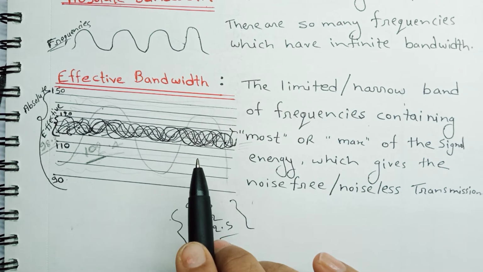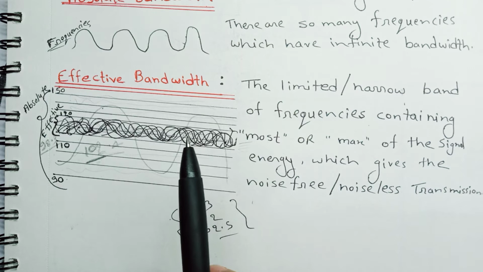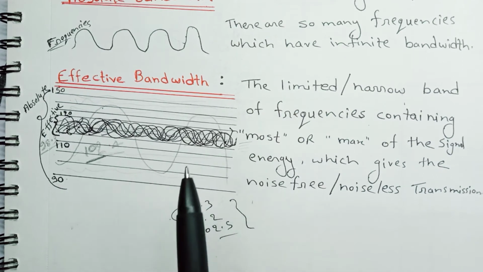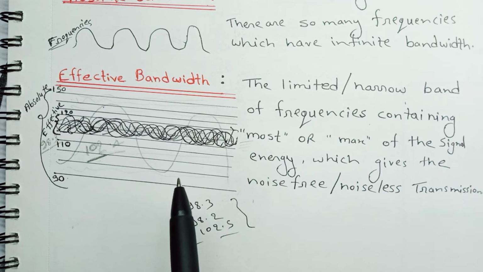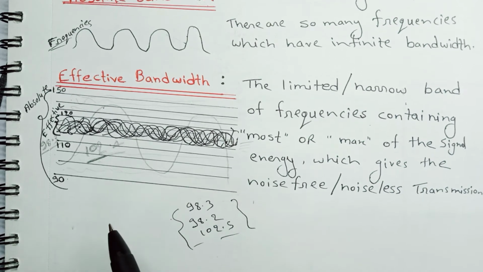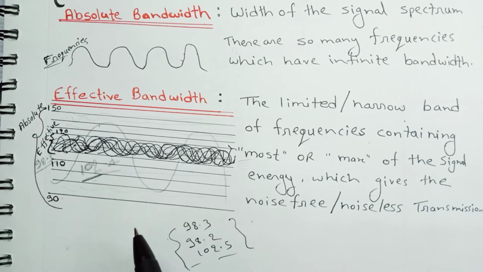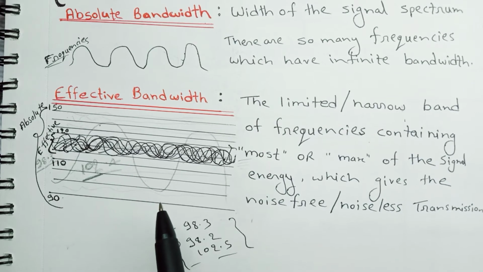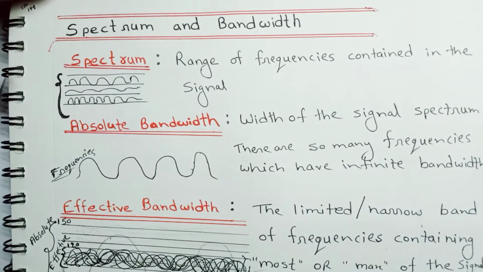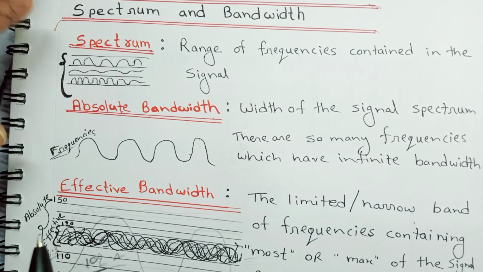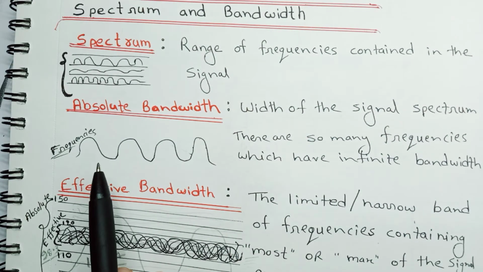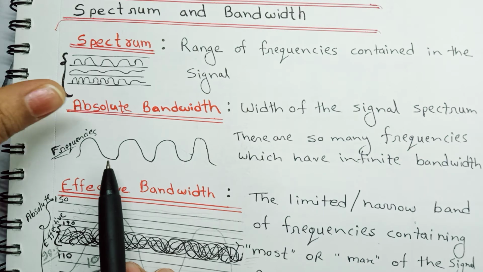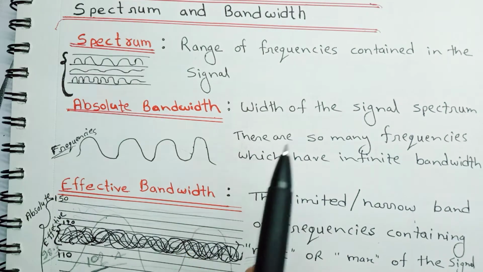So we can say the effective bandwidth is the limited narrow band of frequencies containing most or max of the signal energy, which gives a noise-free, noiseless channel. It is important to know the spectrum, the range of frequencies contained in the signal, and absolute bandwidth, the width of the signal spectrum.